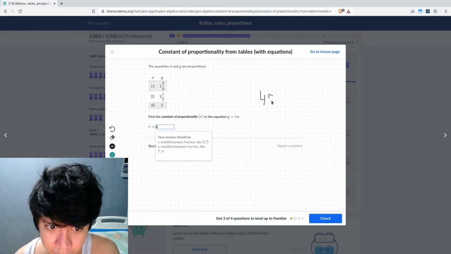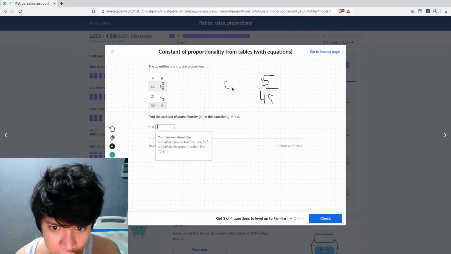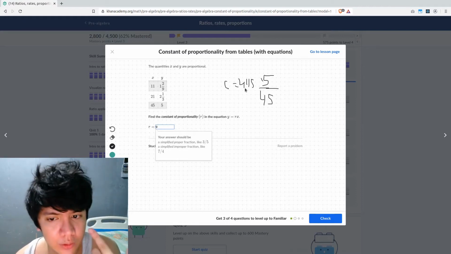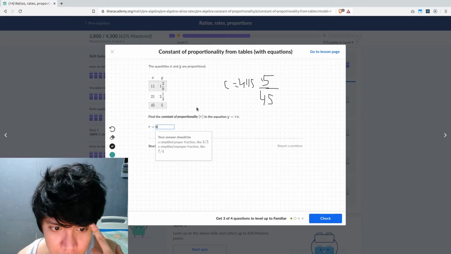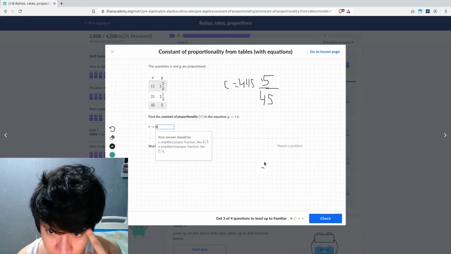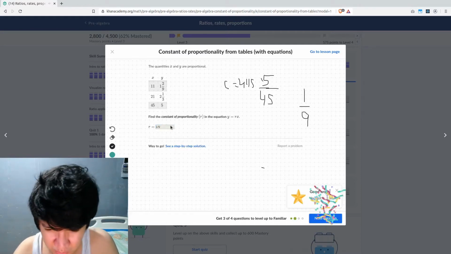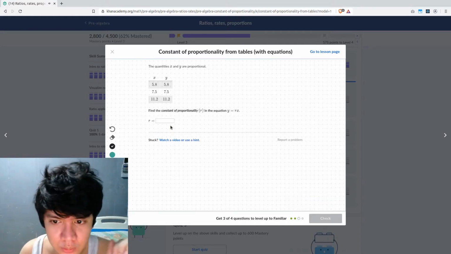Not really. We have 45 over y, over 5. Yo, this is insane. So like 5 equals k times 45. Okay, let's solve for this. So this is like 1 over 9. Could I just write 1 over 9? Wow, cool.